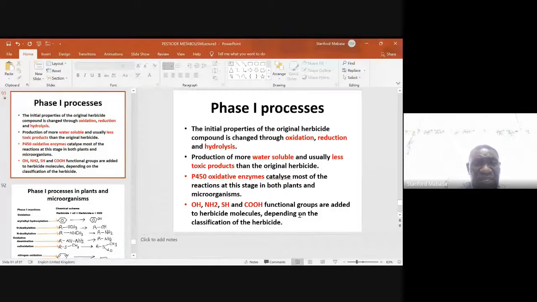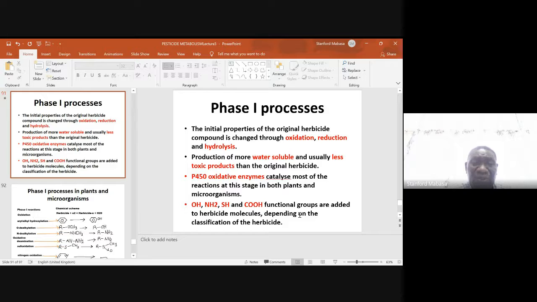We also need to understand the role of cytochrome P450, which is involved with oxidation, reduction, and hydrolysis. And what is happening to the pesticides is that they are becoming water-soluble and less toxic as they are being changed.